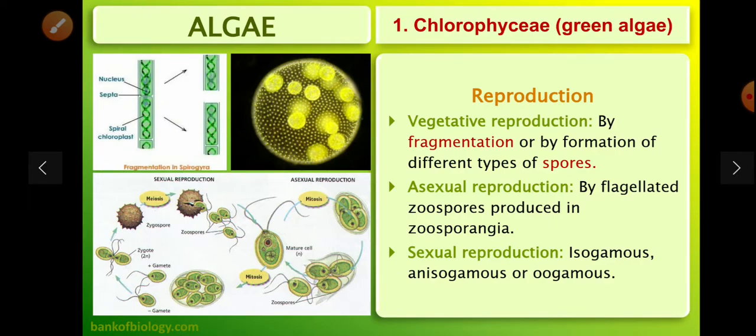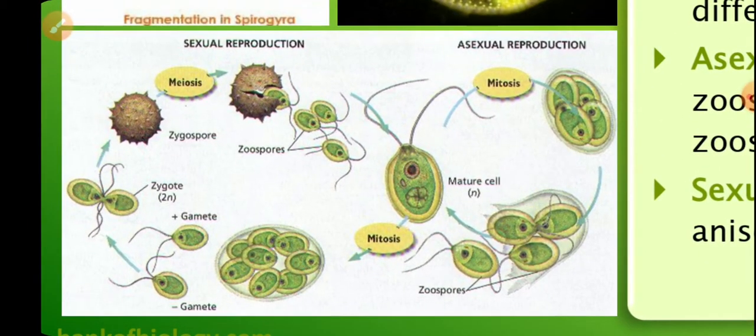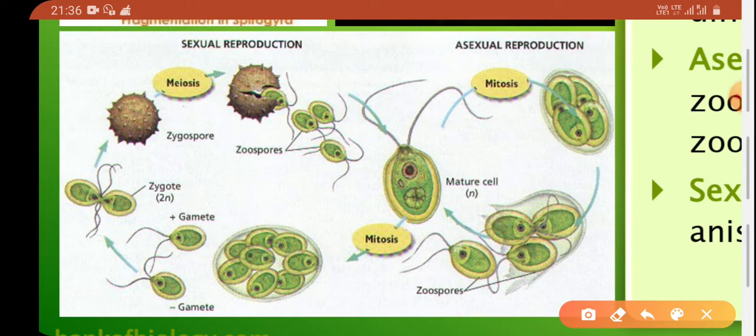They show reproduction: vegetative, asexual and sexual reproduction. Vegetative is through fragmentation and formation of different types of spores. Asexual: biflagellated zoospores produced in zoosporangia. Sexual reproduction is isogamous, anisogamous and oogamous. Already I have explained that in the previous class. And you can see with the diagram that this is the gamete.